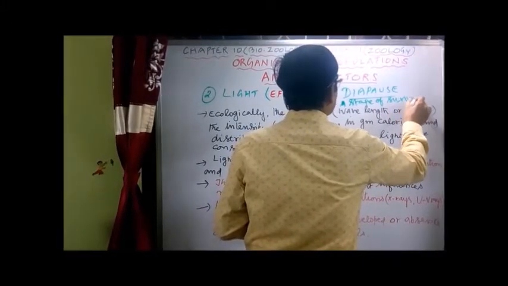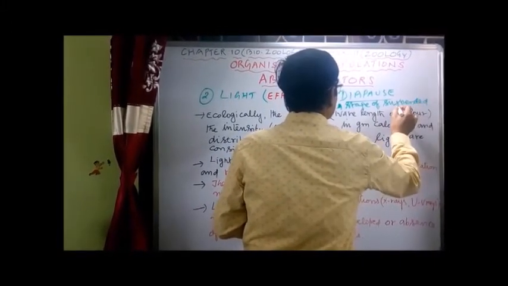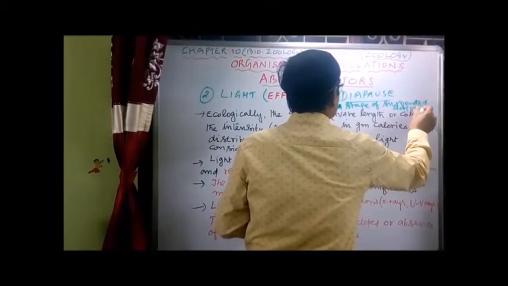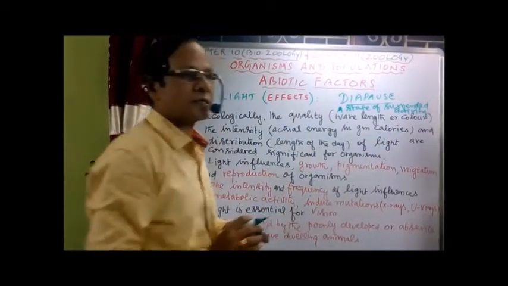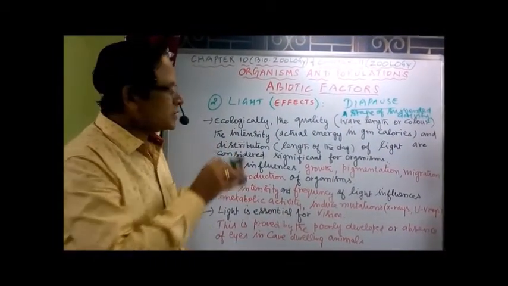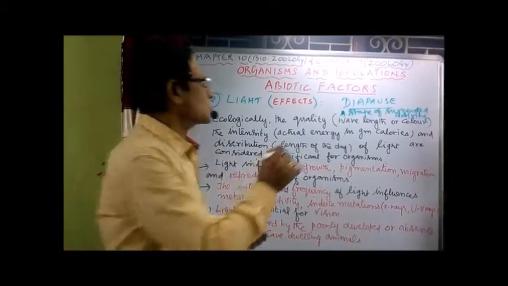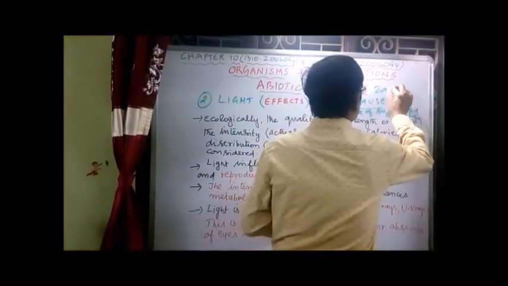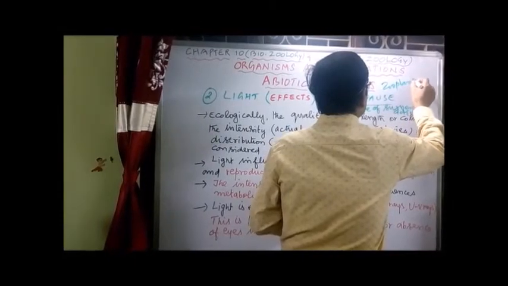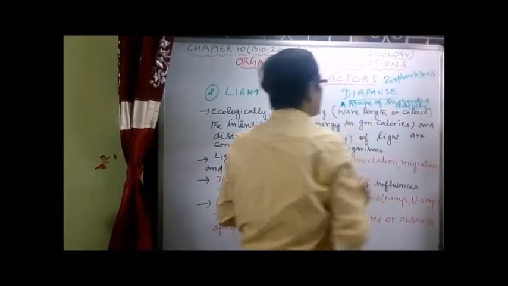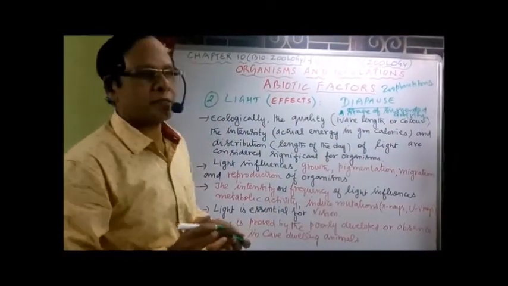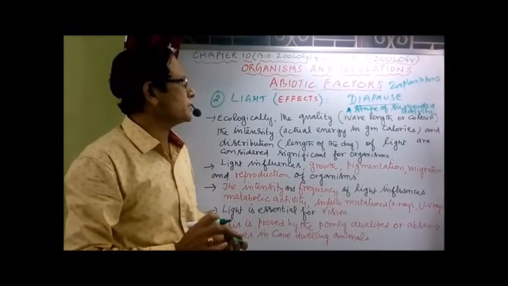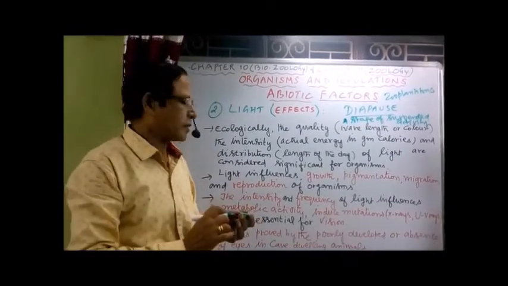This is called diapause, a stage of suspended activity. The animal stops its activity during extreme conditions. It is seen in the case of lower animals, for example, zooplanktons. So diapause is a stage of suspended activity where the animal stops its activity, for example zooplankton.